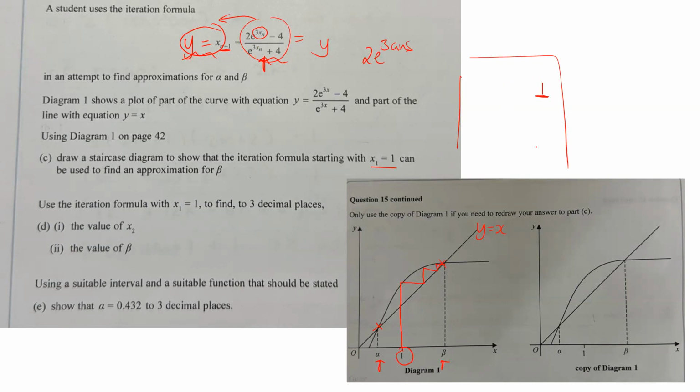Then when you press your first equals, you'll get a new answer, and you just keep pressing equals and it will home in on the root. So you need to do that on your calculator and find your x2 to so many decimal places, and then keep pressing until it settles down to 3 decimal places. It stays still, and that will be your beta.